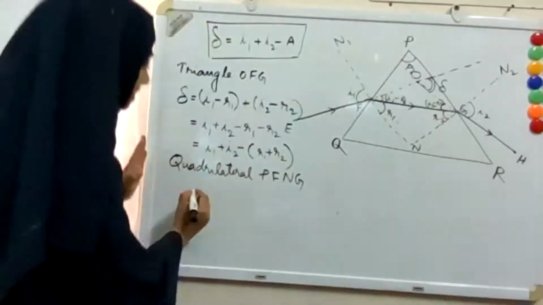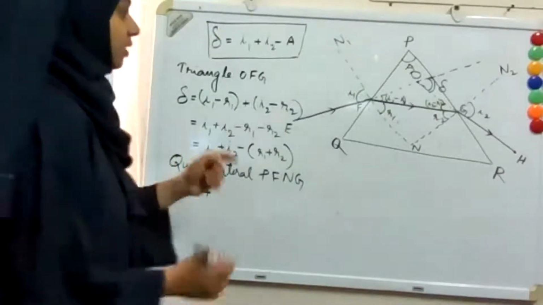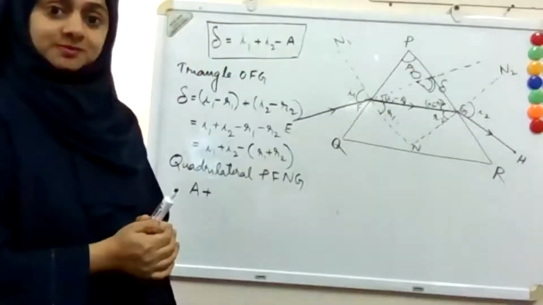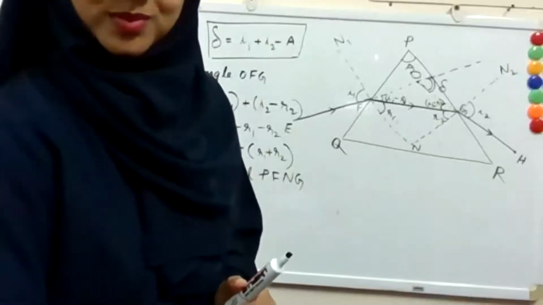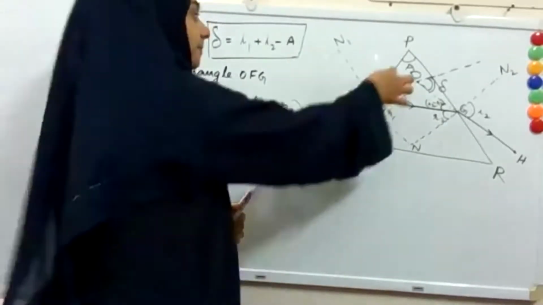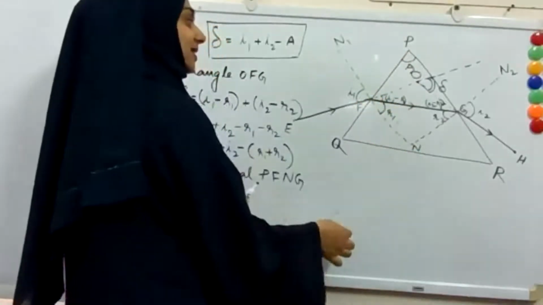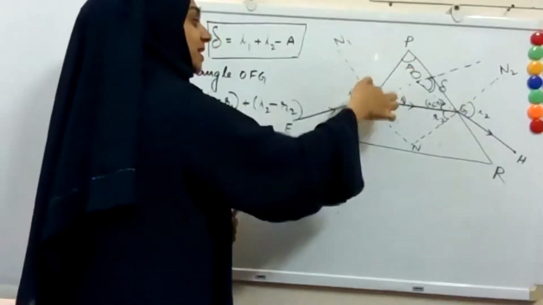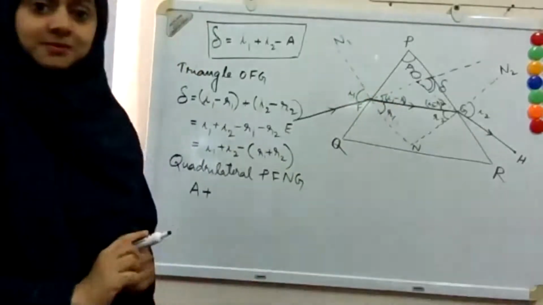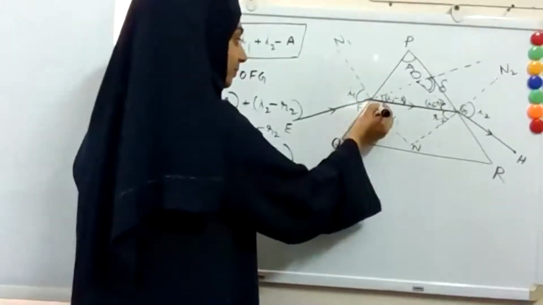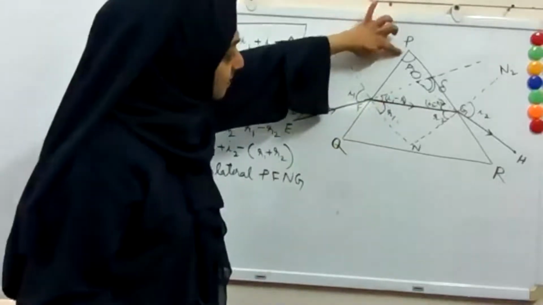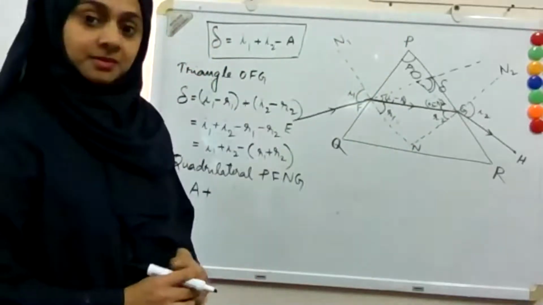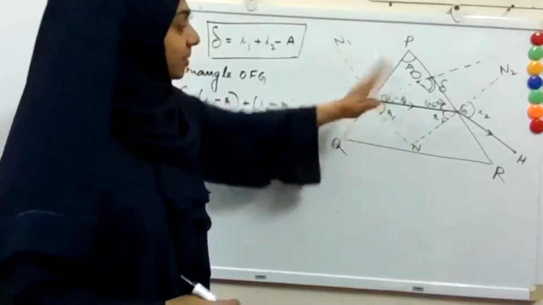One of the angles is A. What is this angle PFN? The drawing was confusing.